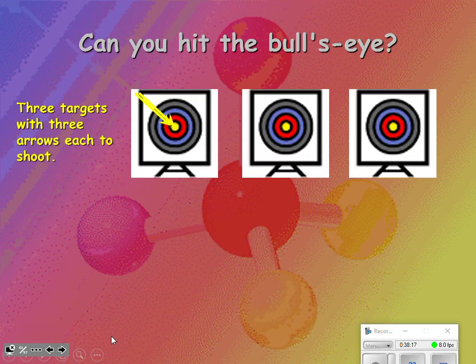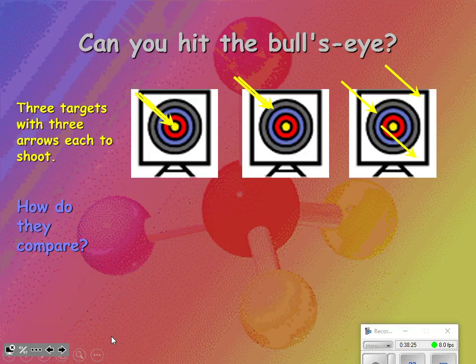My first target, right there, my 3 arrows. There's my second. There's my third. Now let's talk about accuracy and precision. How do they compare?